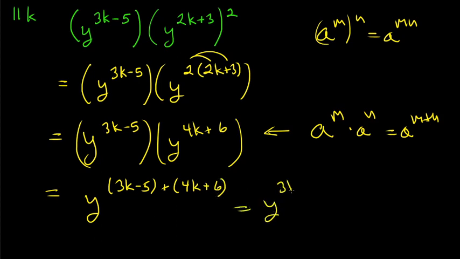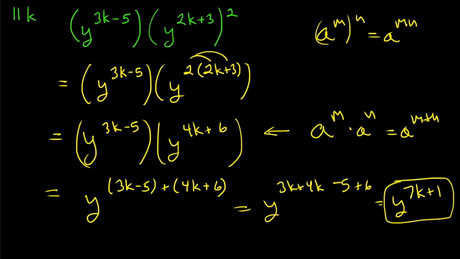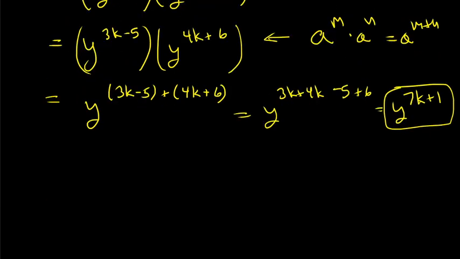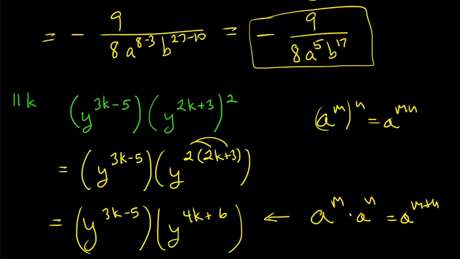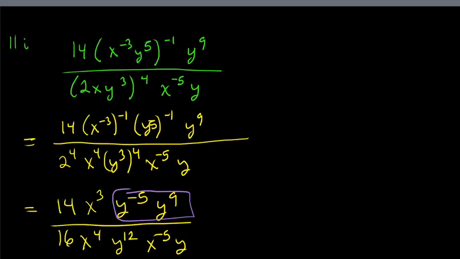And when we add 3k plus 4k, and then negative 5 plus 6, we just get y to the power 7k plus 1. Okay, so that's it for 11k. And I think I'm going to have to clear this.